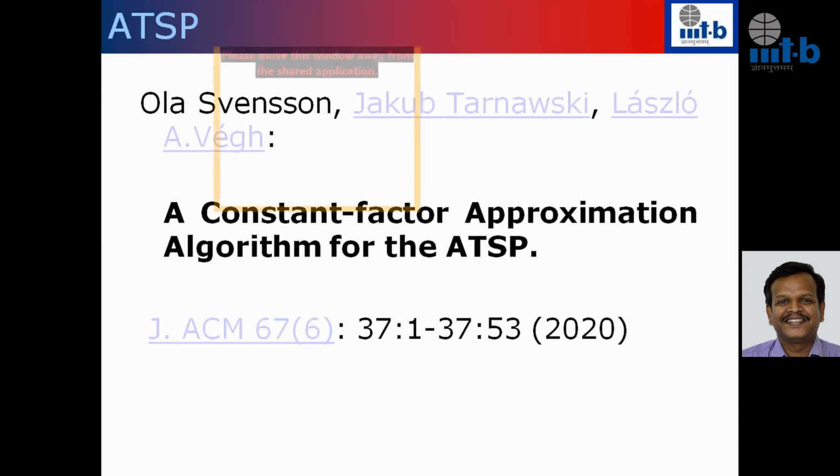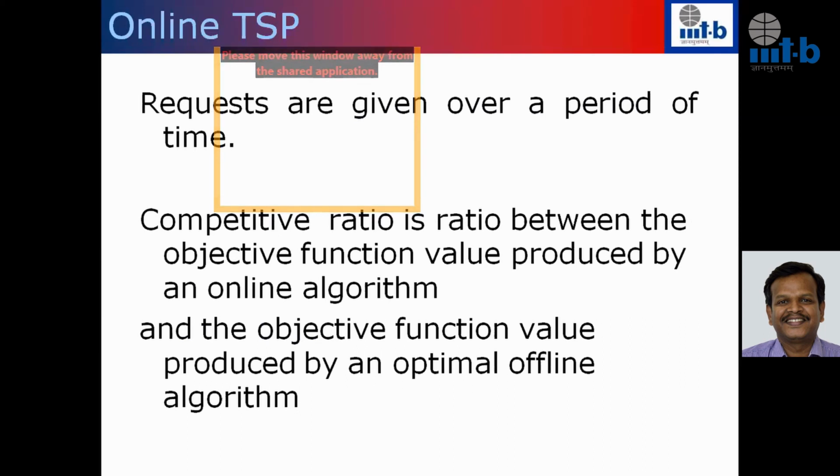So even though these problems were studied for a long time, some major breakthroughs have been happening in the last 2 years. I'll also mention some more specific to the online TSP towards the end of the talk. But for the time being, let me focus on the online version of the TSP.